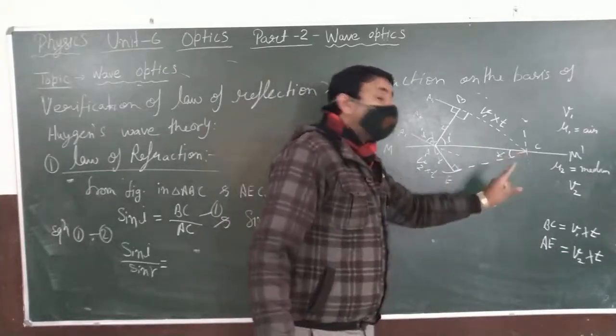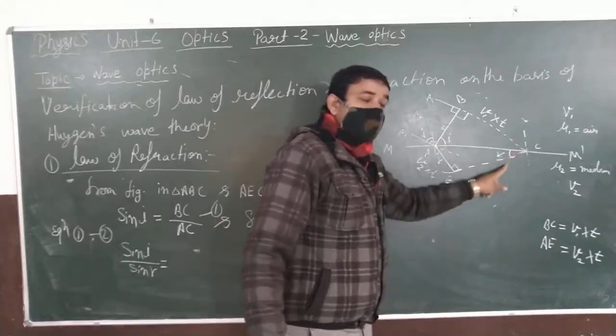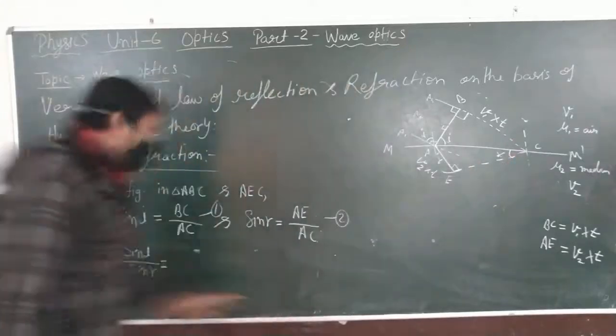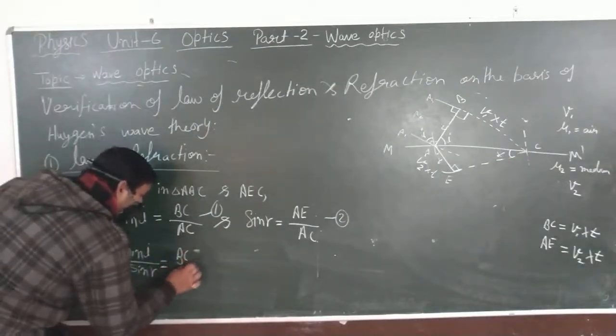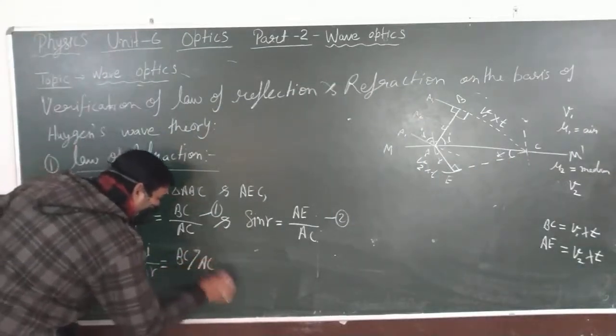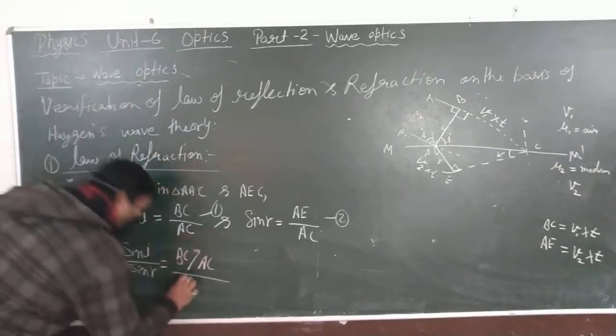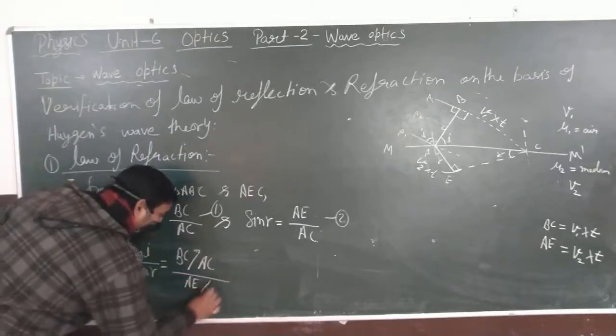EC we take only when we are calculating the value of cos. So this is BC upon AC and the value for R is AE upon AC.